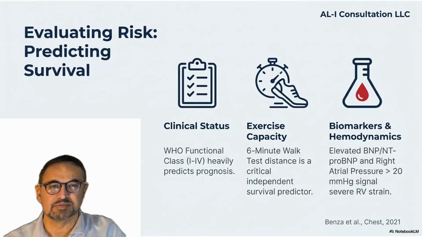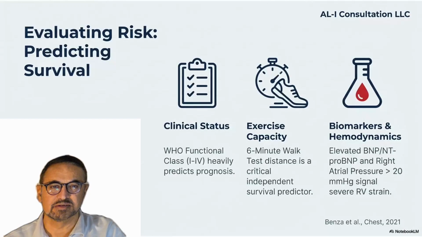Risk assessment and follow-up. Risk assessment in pulmonary hypertension is really an attempt to predict survival and to estimate how close the right ventricle is to failing. Clinical status still matters a great deal, especially WHO functional class. Exercise capacity also matters, often measured by the 6-minute walk test.